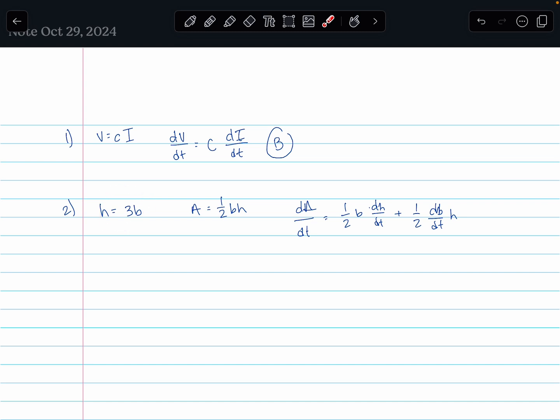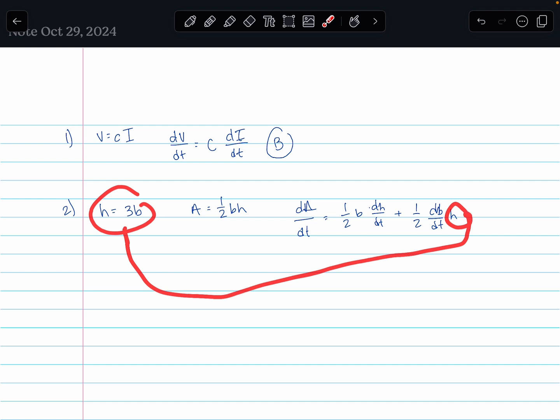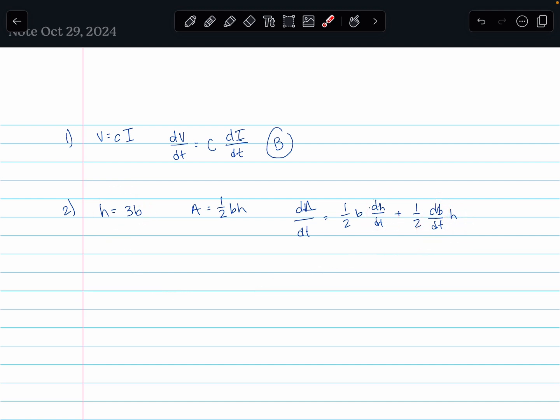So in this case, I could plug in 3b right here, but the thing is this would give me dh/dt and db/dt, and if I look at my answers, none of these answers use dh/dt.